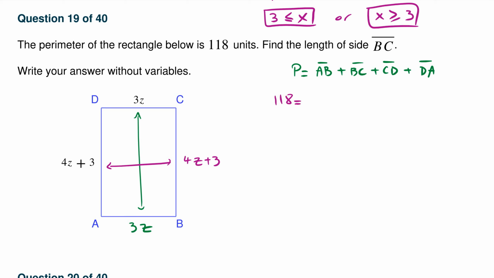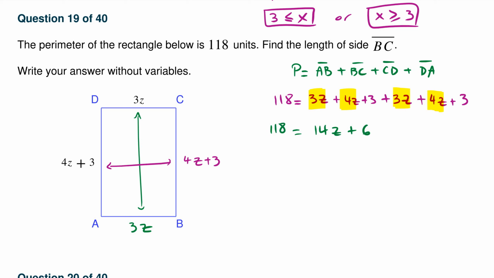AB is 3z, plus BC is 4z plus 3, plus CD is 3z, and plus DA is 4z plus 3. Then we combine like terms: 3z plus 4z plus 3z plus 4z all together is 14z, plus 6, and bring down 118.